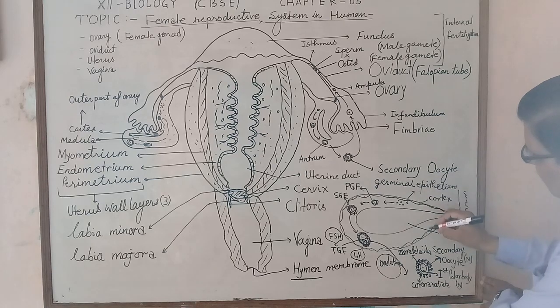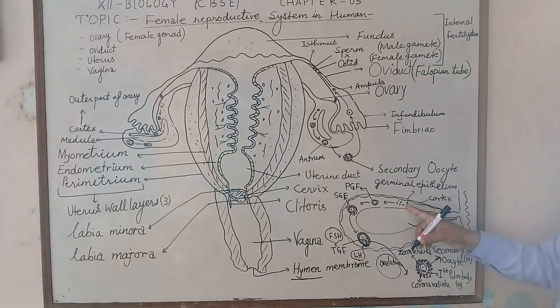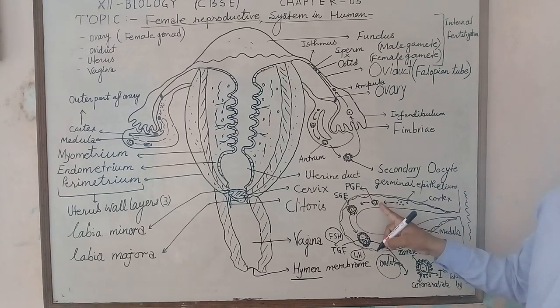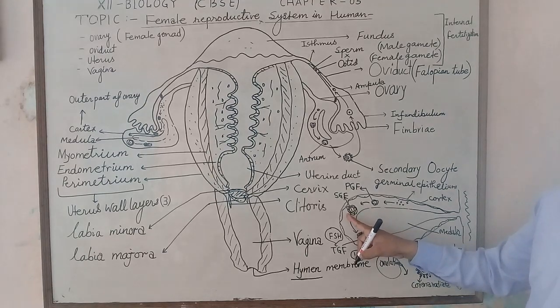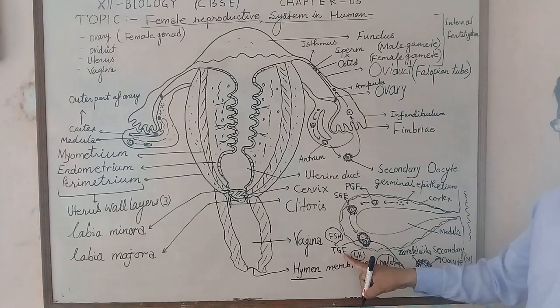This germinal epithelium develops the Graafian nest, which differentiates as primary Graafian follicle surrounded by a single membrane, then secondary Graafian follicle surrounded by two membranes, then tertiary Graafian follicle, which contains a fluid cavity called antrum.